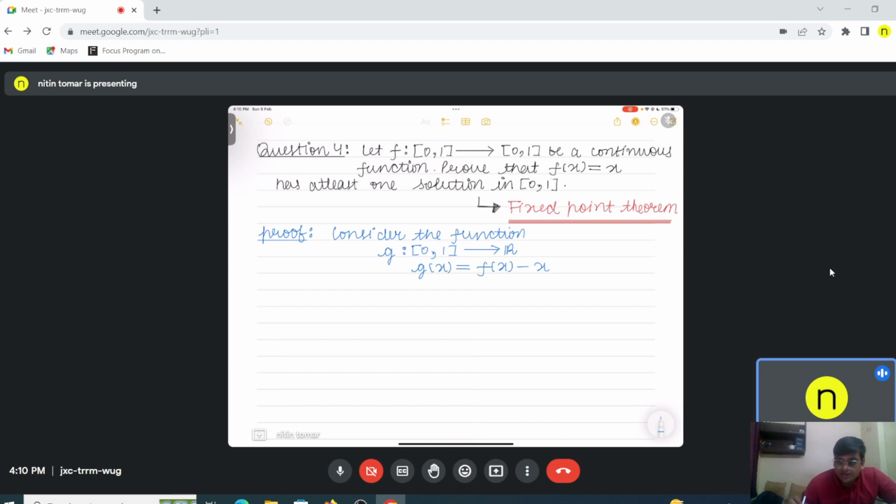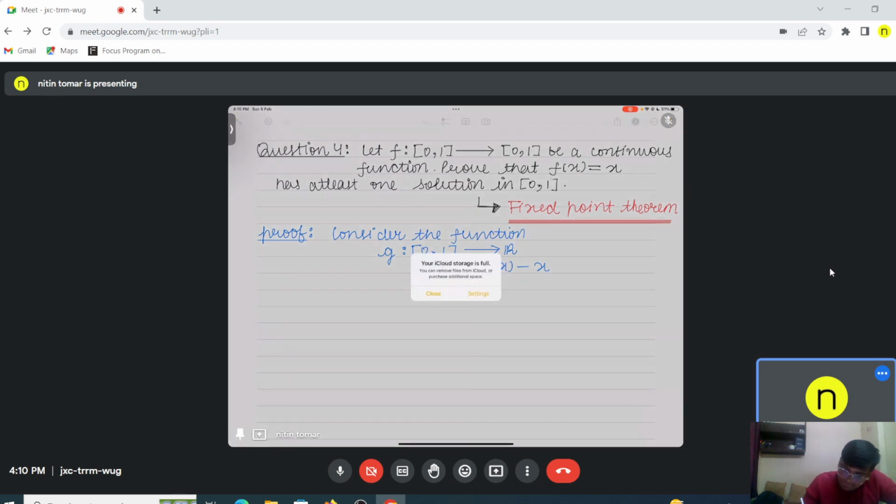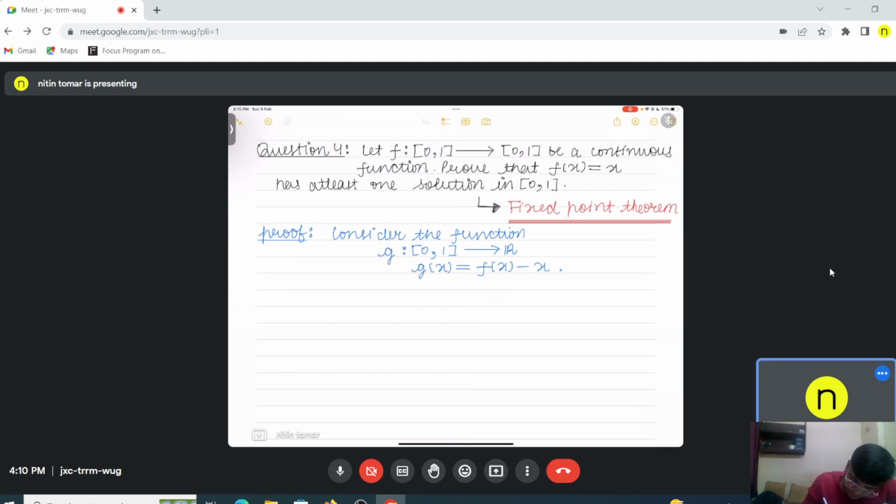So is this a continuous function? The function g, because it is a combination of two continuous functions, right?